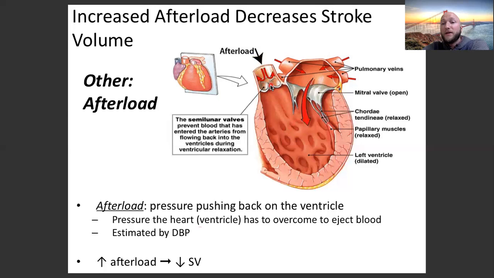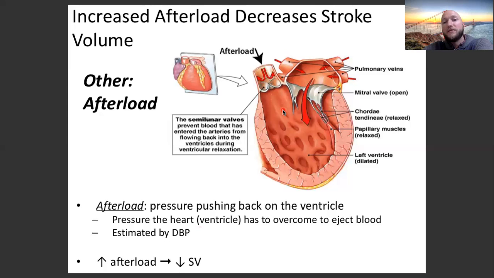Now, think about a situation where diastolic blood pressure is 100 instead of 80. The left ventricle does not pump any blood out until it gets to 101 pressure. That's afterload. Now think of a situation where the diastolic blood pressure is 120.